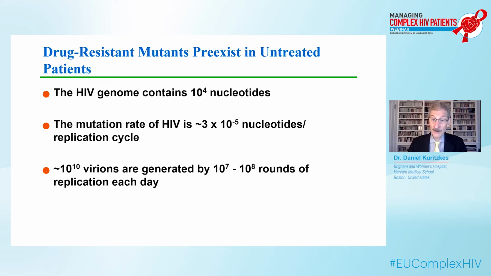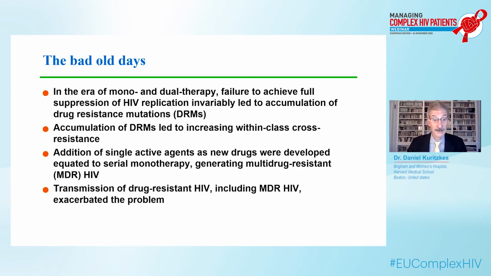Now, since there are about 10 billion virus particles generated every day from somewhere between 10 and 100 million rounds of replication every day in the untreated patient, you can see how every single possible mutation can be made many times a day in somebody who has chronic HIV infection, not controlled on antiretroviral therapy. And that allows, of course, for the emergence of drug resistance mutations that can then be selected by therapy when therapy is started.